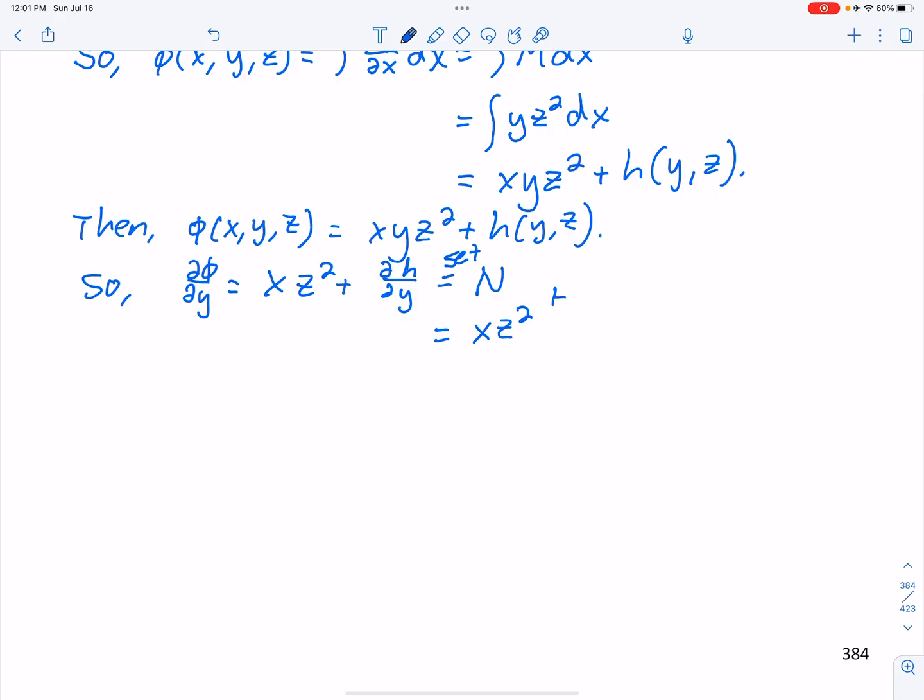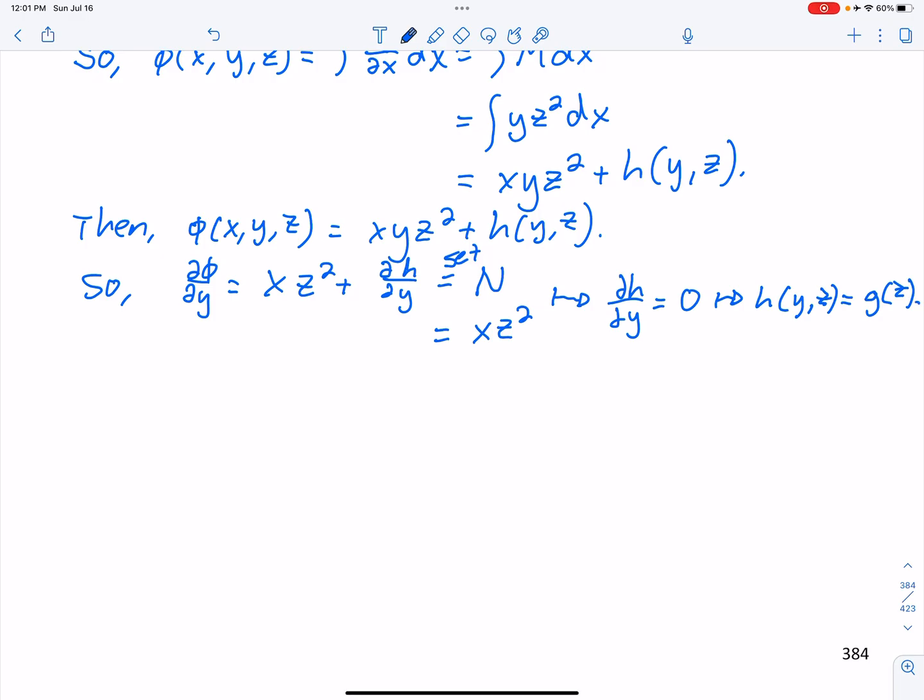All right, that tells me that the partial of h with respect to y is equal to 0, which tells me that h of y, z is equal to, well, if it's 0, we got to do a constant, but it's not a normal constant. It's going to be in terms of z.